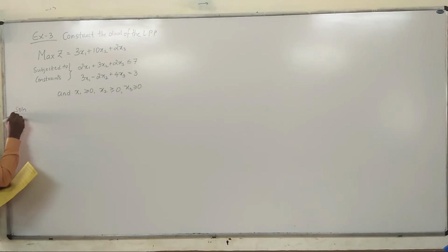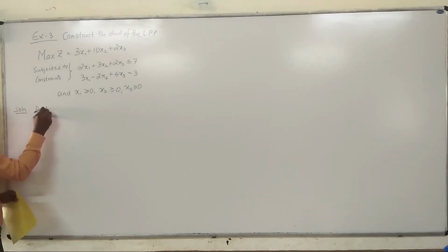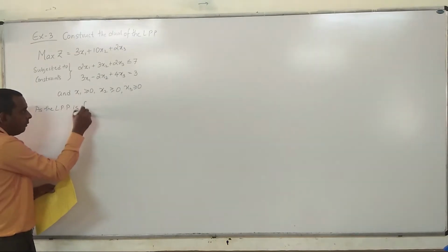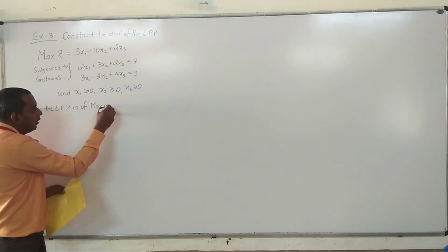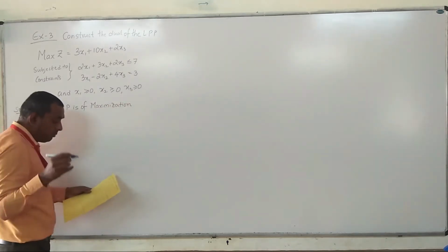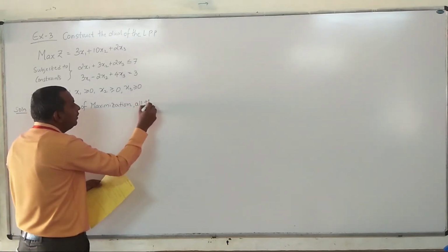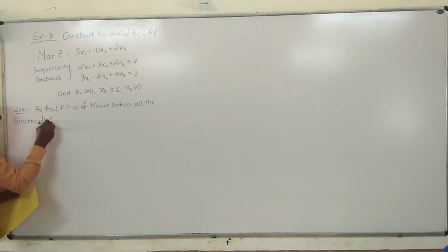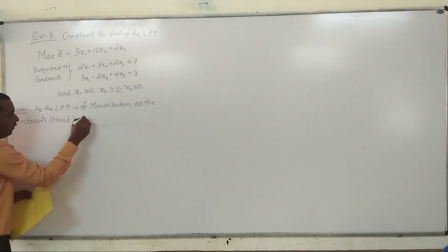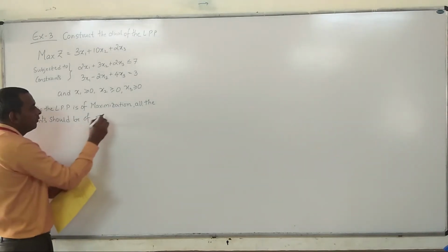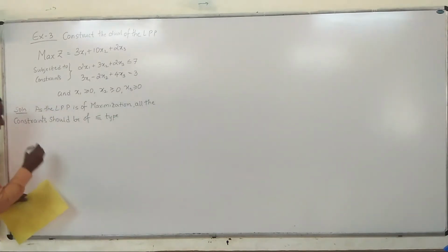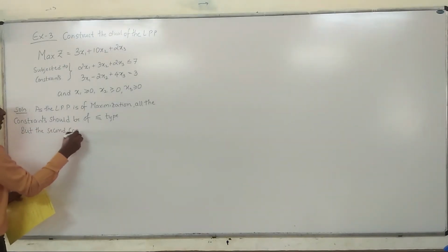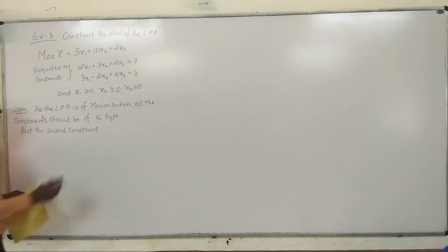Solution. As the given LPP is of maximization, all the constraints should be of less than or equal to type, but the second constraint is not.